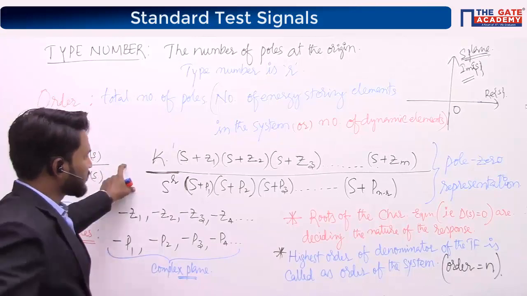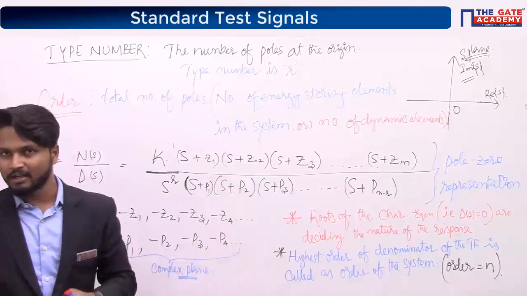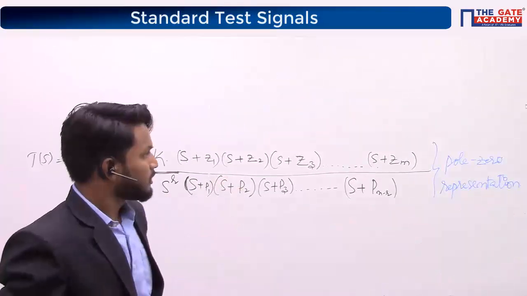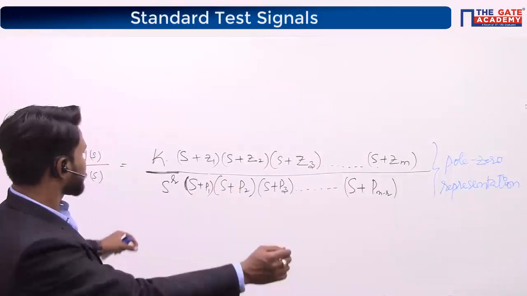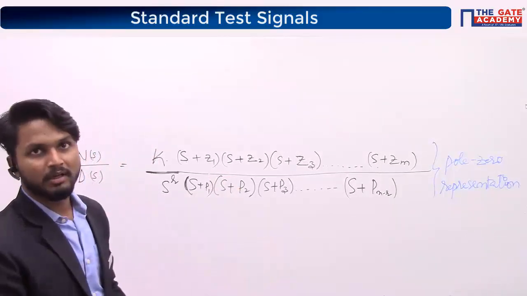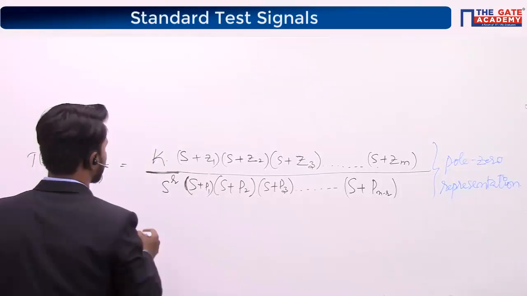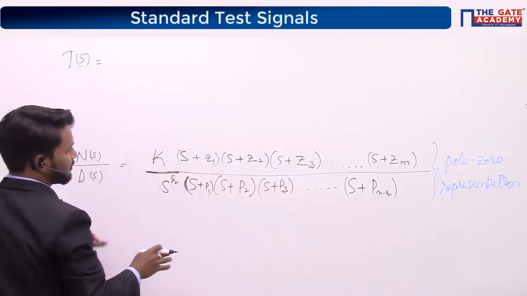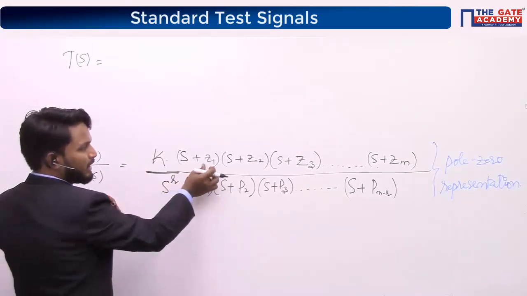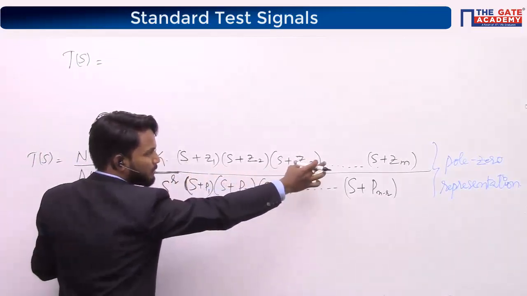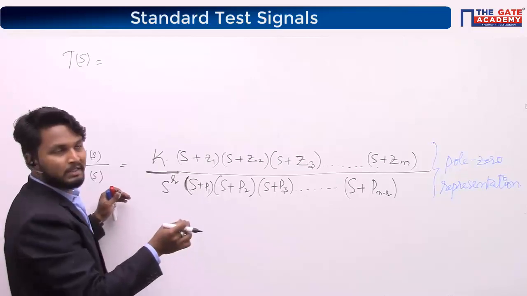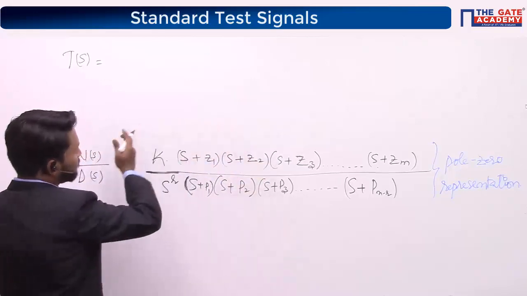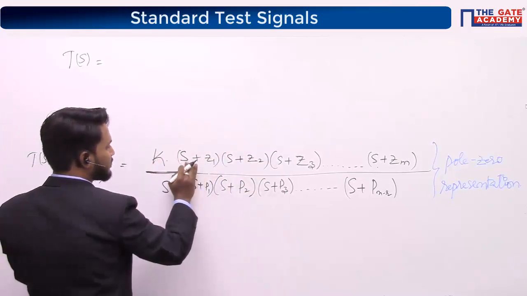So this transfer function, you can simplify this in another form also. See here, this is your particular system, right? So T of S is equal to, you can write this as, take Z1 common, Z2 common, Z3 common, Zm, and so on. Take all these constants common out of these factors, right?